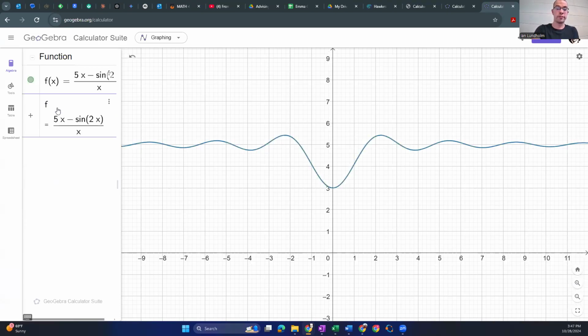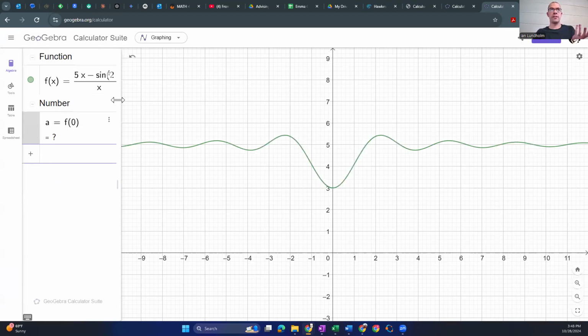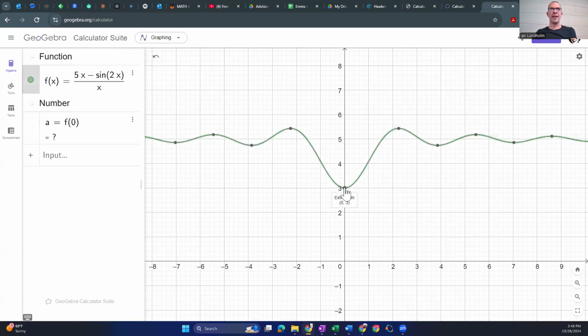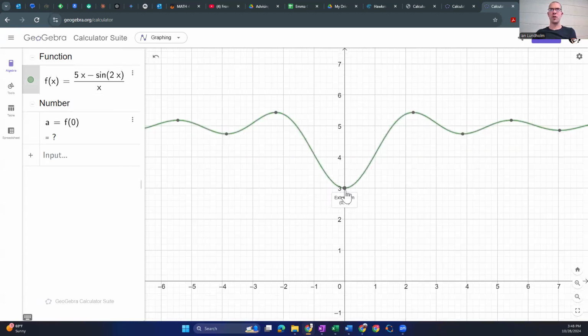If I go f of 0, it's like, oh no, that's undefined, because we're not actually getting a value here. That is so interesting. GeoGebra here is like, oh, but the minimum here is 0, 3. So in one part of GeoGebra, we're getting a question mark, and in another part, we're getting 3. I wonder what's happening behind the scenes to make that happen.